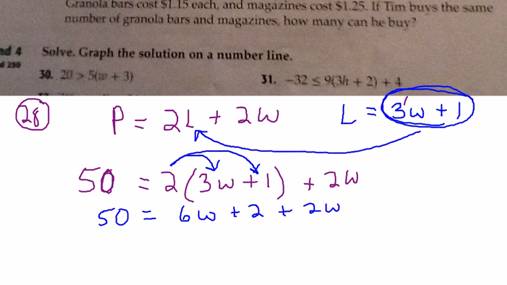You may notice now that we have like terms on the right side of our equation. We have a positive 6W and a positive 2W. Remember, it's critical that you consider the signs that come to the left of your terms. So 6W plus 2W gives us 8W. 8W plus 2 on the right-hand side and 50 on the left-hand side.